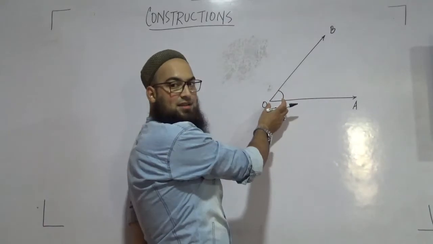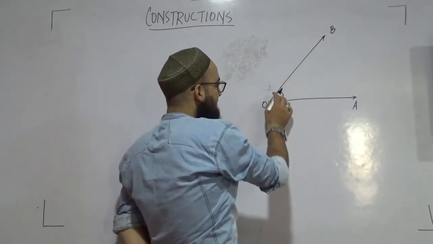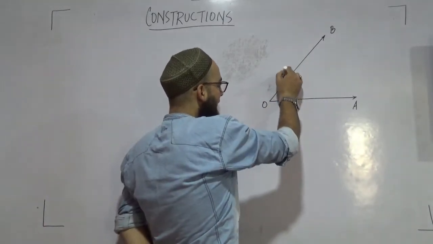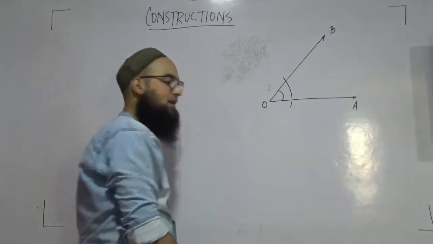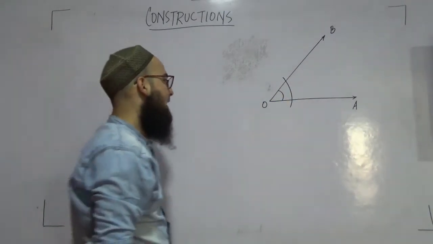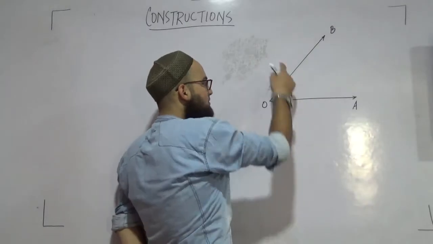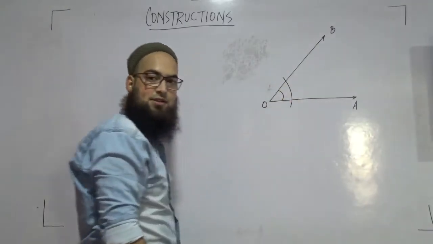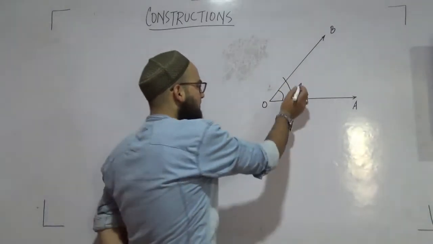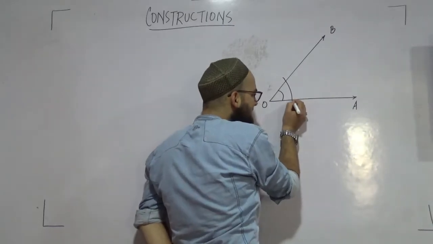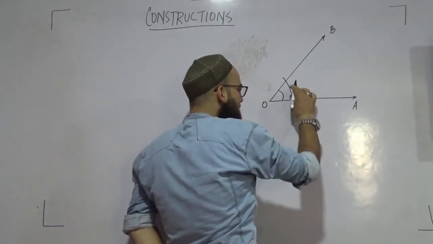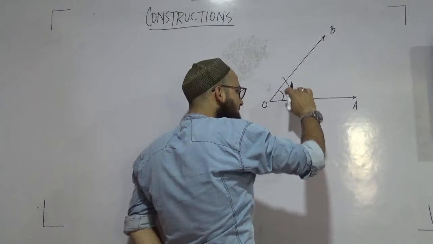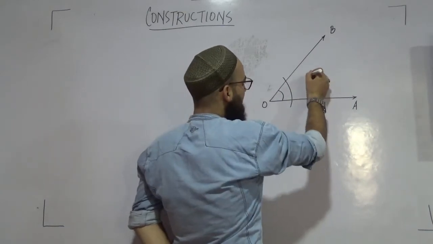With O as center, draw an arc of any convenient length like this, intersecting the arms of this angle at two distinct points. Then, with this point as center, radius more than half of this arc, draw an arc.